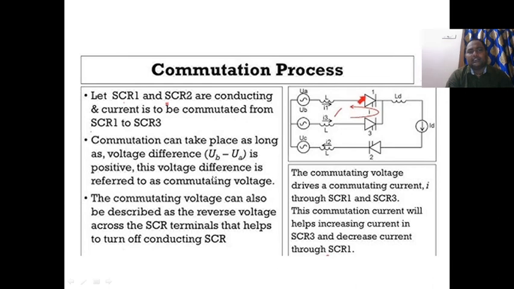This voltage difference is referred to as the commutating voltage. The commutating voltage can also be described as the reverse voltage across the SCR terminals that helps to turn off the conducting SCR. The commutating voltage drives a commutating current through SCR1 and SCR3. This commutation current helps increase the current in SCR3 and decrease the current through SCR1. This is the commutation process.